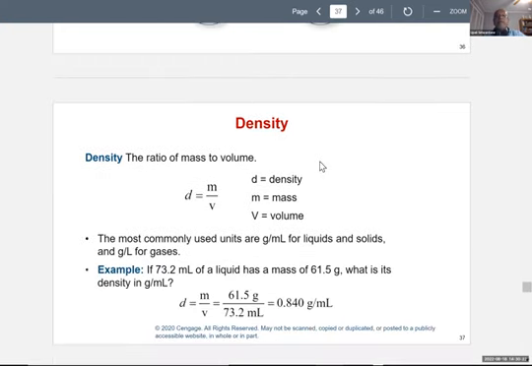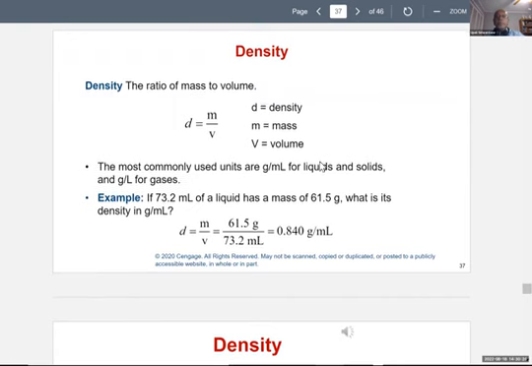So density is one of the physical properties of matter. Density is defined as mass of an object divided by volume.